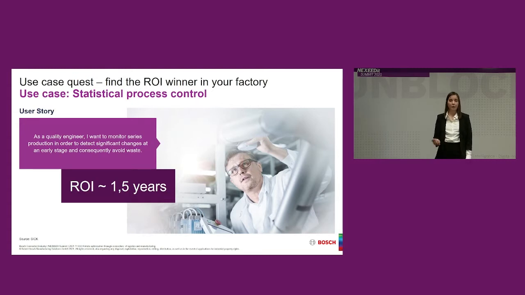This means we are now informed if the measurements have a big jump or if too many measurements are above the mean, because then something is not going smooth in our production. The NEXEEDit software offers us rules that we can use to be informed if these things happen. So this means we could reduce our reaction time and therefore have less waste.